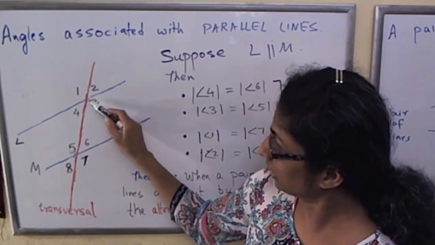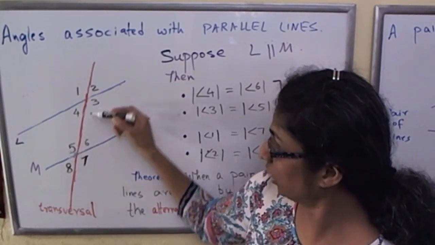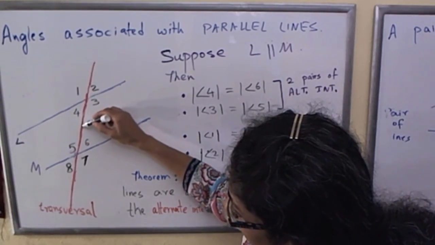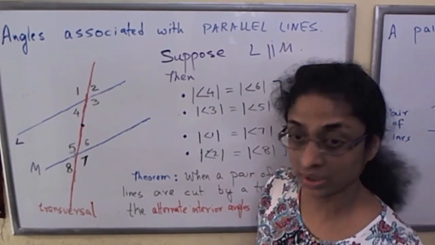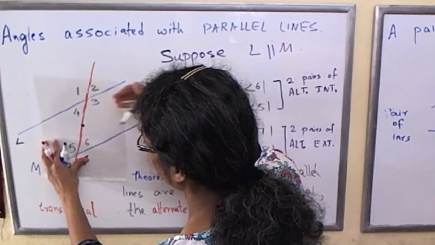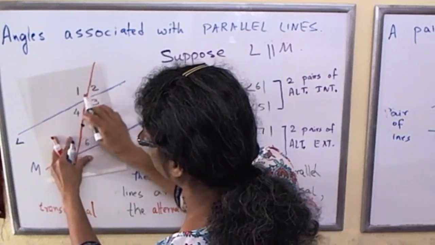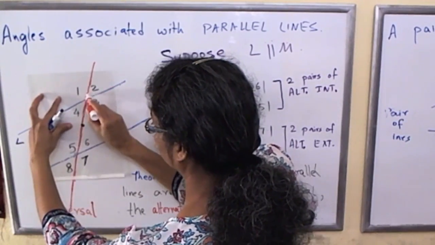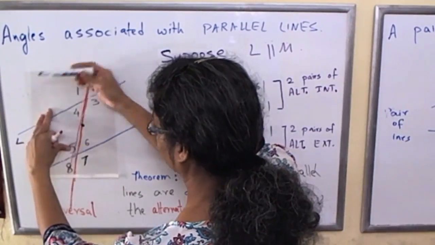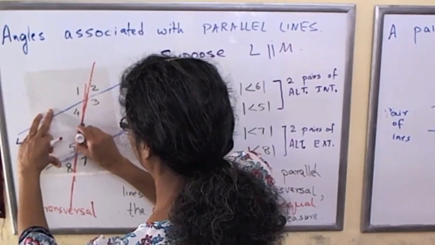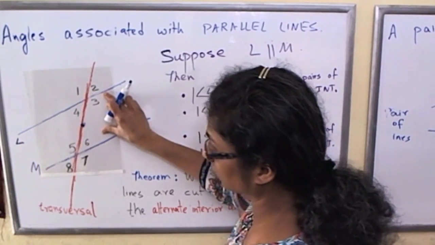So look at this segment and mark off a midpoint. I'm just eyeballing it, mark out that point. And now this is what I'm going to do. I'm going to copy the picture as closely as I can. There.